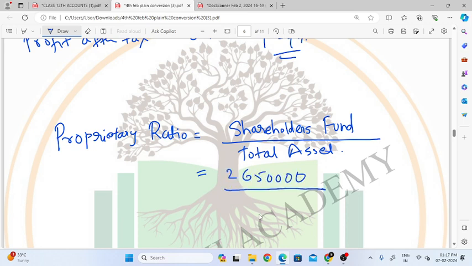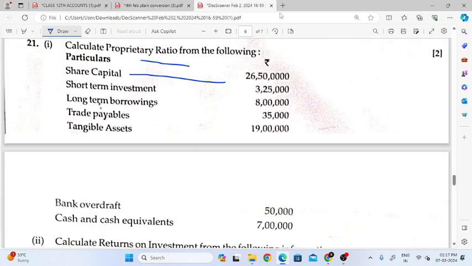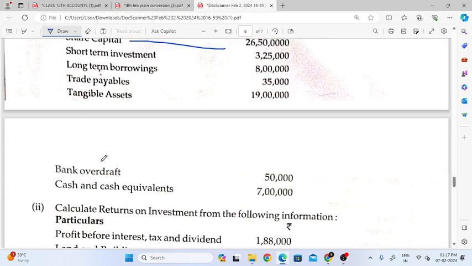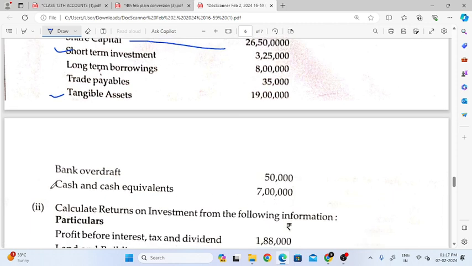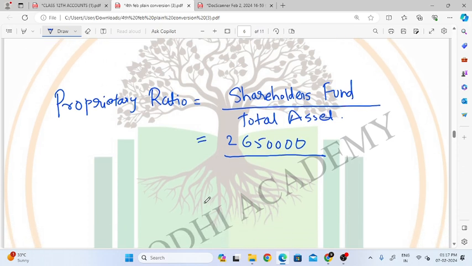divided by, how many total assets do we have over here? We have tangible asset, then short term investment, and cash and cash equivalent. So all the three amounts we have to total together.